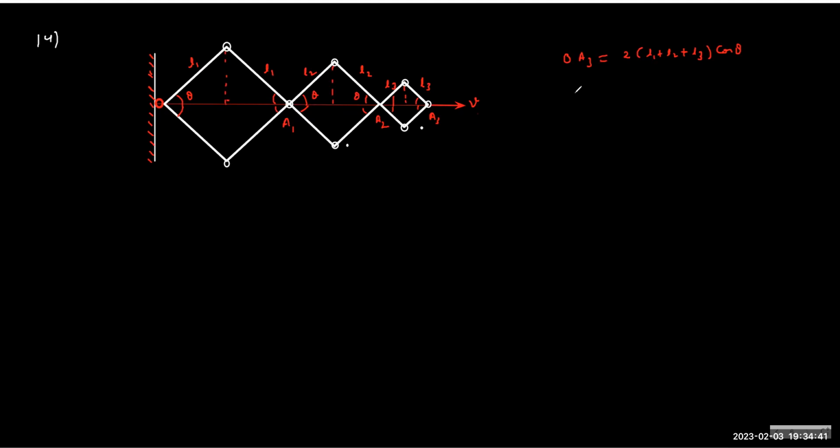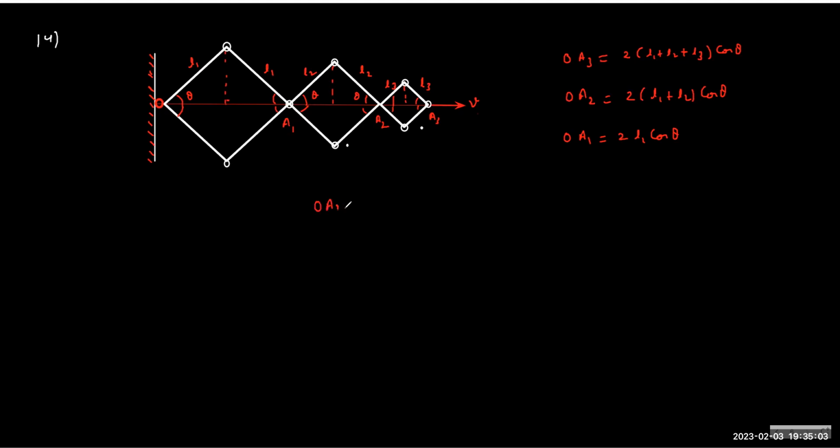Hello. Tell me. So similarly, what is OA2? How far is OA2? And what is OA1? Do you realize this? Yes or no? Tell me. Yes, sir. So now it's done.